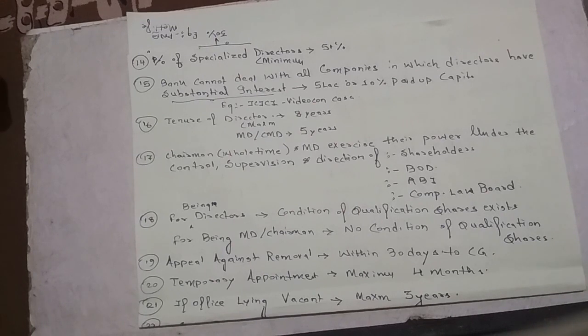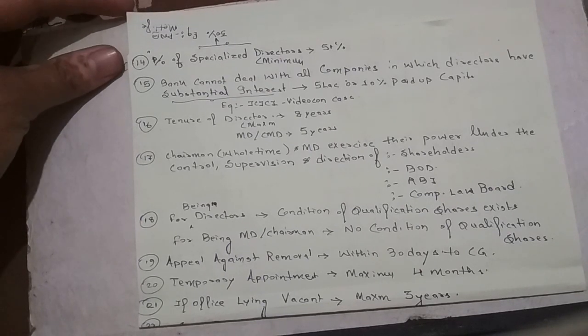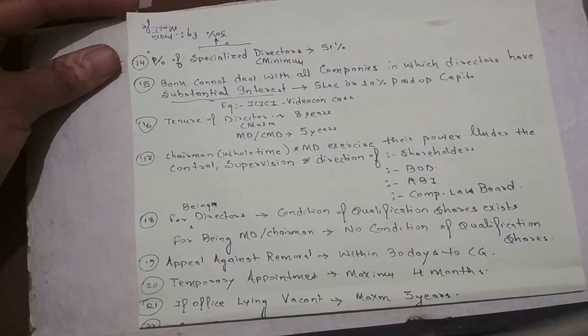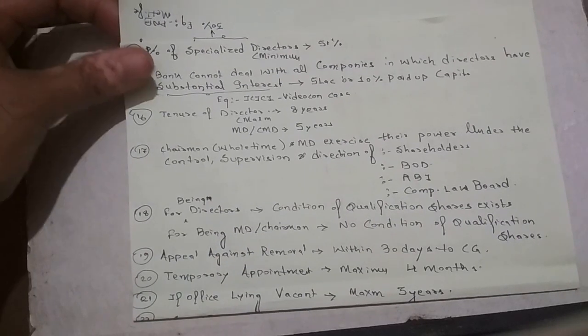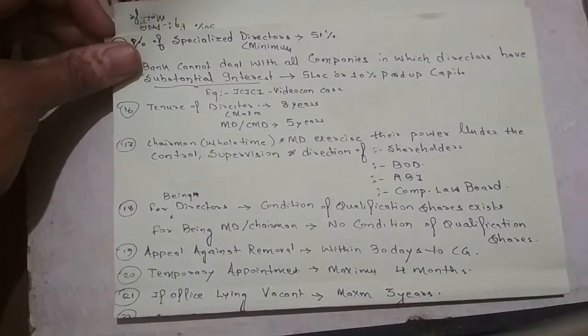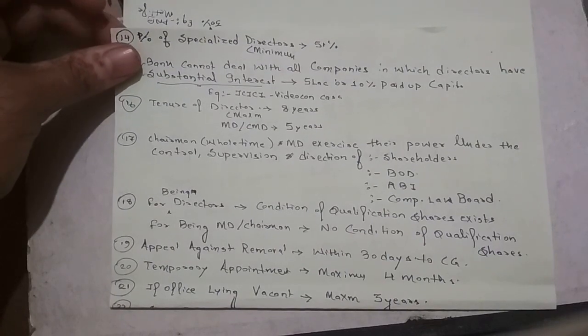It hasn't been proved, but she might be guilty, so she didn't appeal. Temporary appointment is a maximum of 4 months. If no CMD or chairman is there, there could be a temporary appointment of 4 months, not more than that. If the office is lying vacant, due to resignation or death of the CMD, then RBI can appoint a new CMD for a maximum period of 3 years.